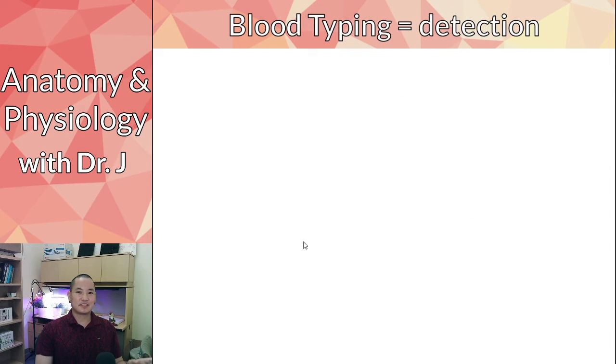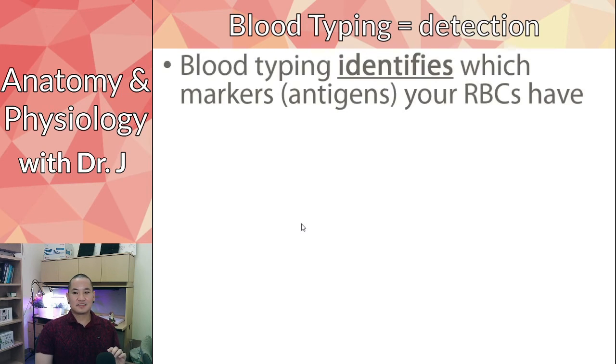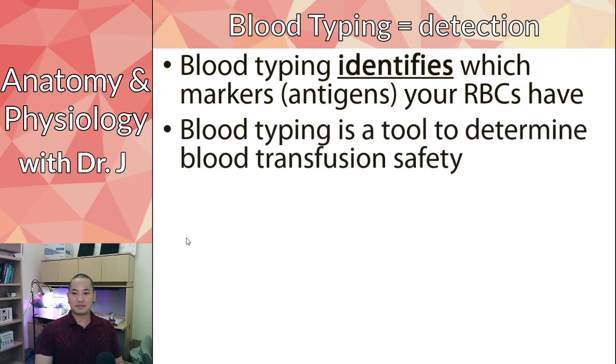What's more applicable to this class is that blood typing is detection. I know everything's virtual this semester because of restrictions, but blood typing is like that. Antibodies can be used to detect things, and you need blood typing to determine what someone's blood type is.